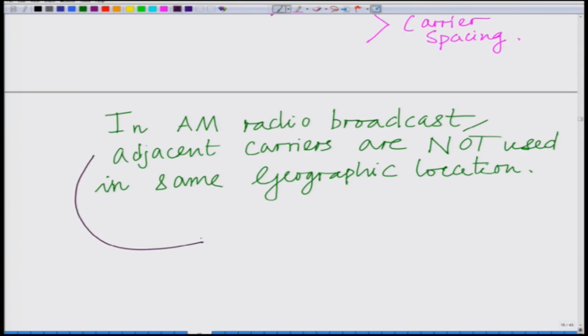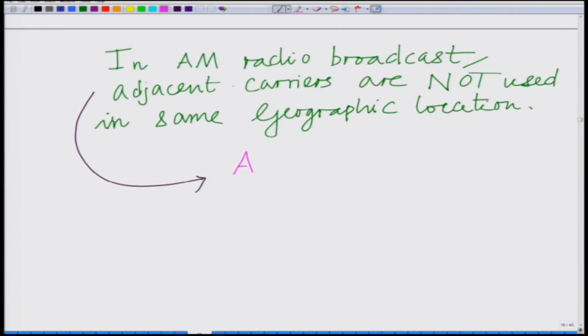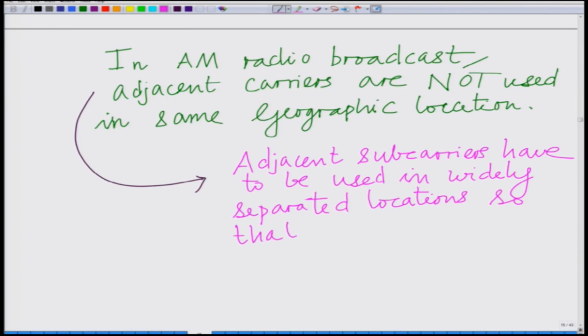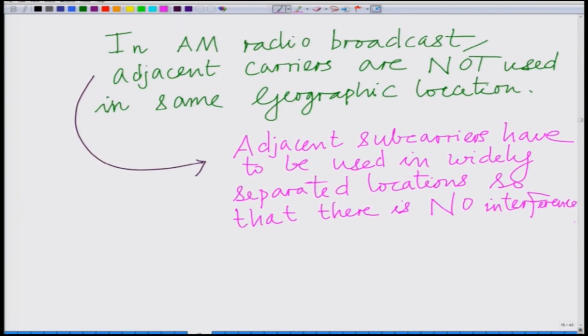So, adjacent subcarriers have to be used in widely separated locations, so that there is no interference. Okay, so that is basically the point.